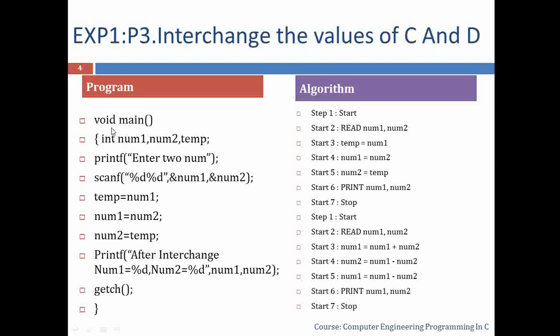Then start of the program. So we write here main, declare the variables number one, number two, and a temp variable is required. So we write here temporary variable. Enter the two numbers by using printf function. By using scanf function, you read the values of these two numbers, and after getting the number one, number two values, num1 is assigned to the temporary variable and num2 assigned to num1, and the temporary value, that is the num1 value, assigned to num2.